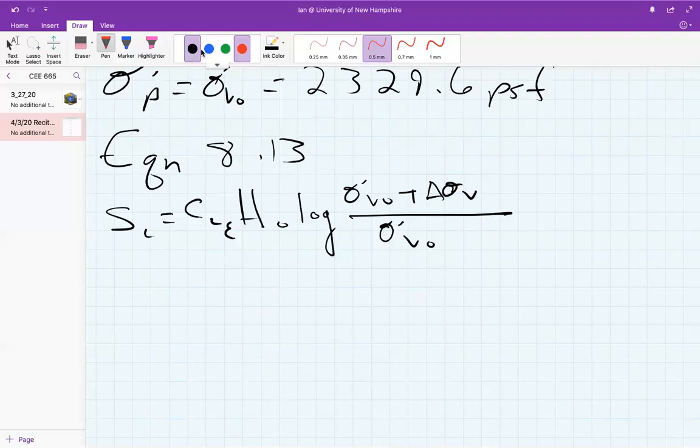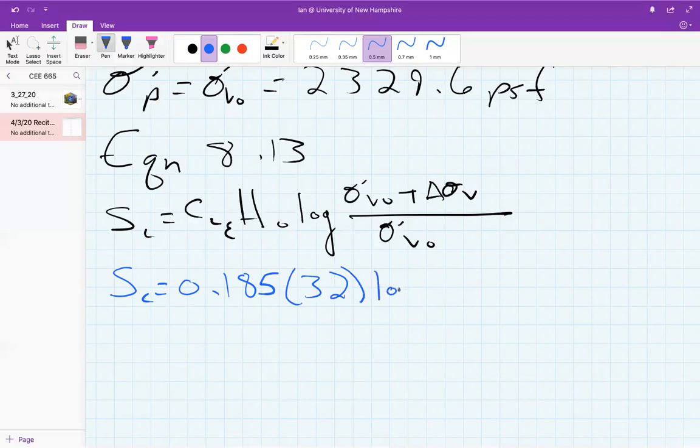So now I'm just going to plug and chug, and I'm going to do this in blue just to change things up. So we got 0.185 times 32 times the log of, one more time, 2329.6 plus 499.2 divided by 2329.6.